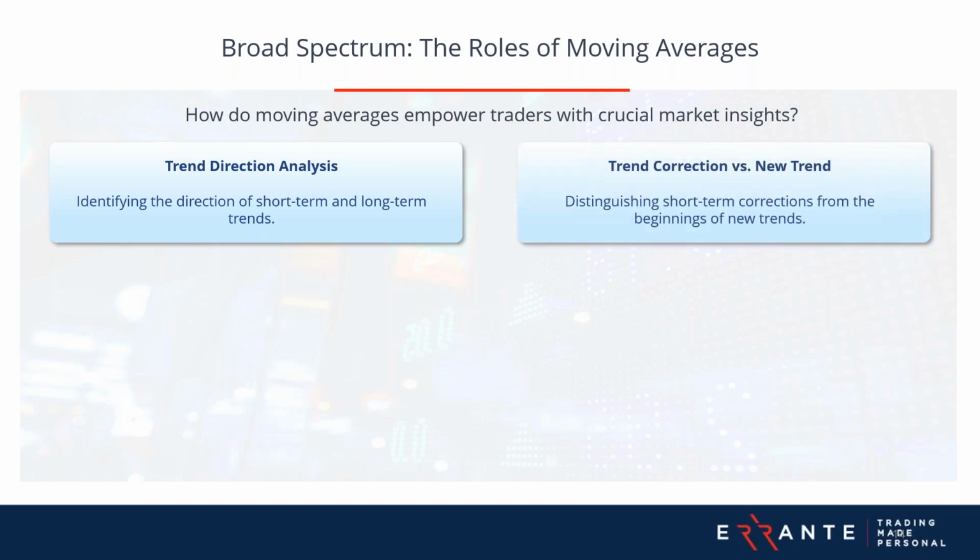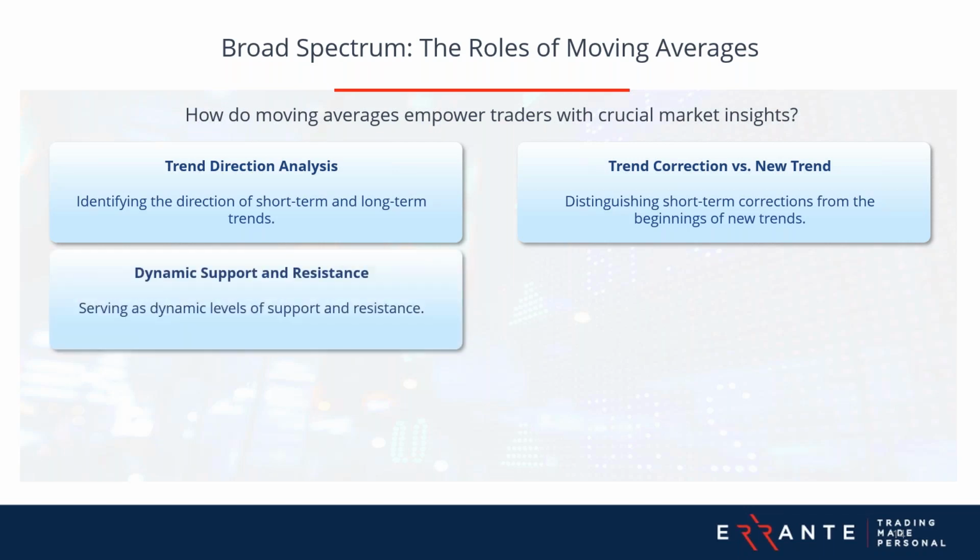Moreover, moving averages play a crucial role in distinguishing between short-term market corrections and the beginning of new trends, or major reversals. This distinction is vital for traders to avoid premature entries or exits based on temporary market fluctuations. Another key function of moving averages is acting as dynamic levels of support and resistance.